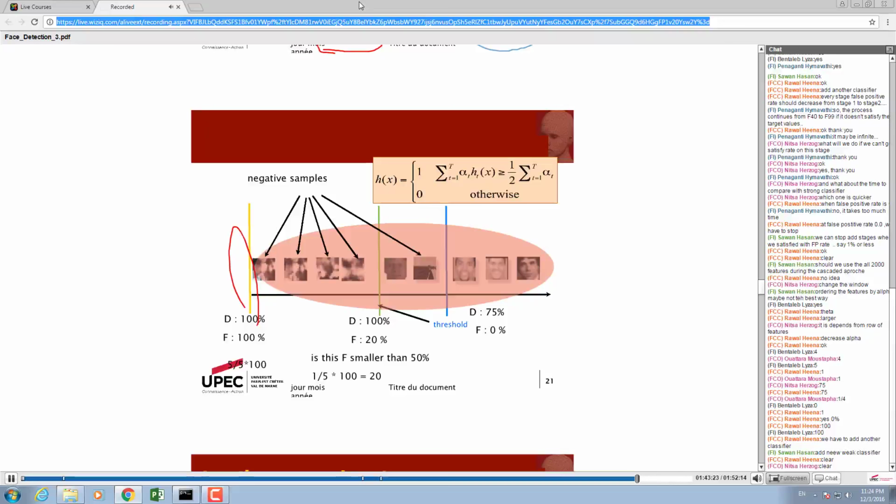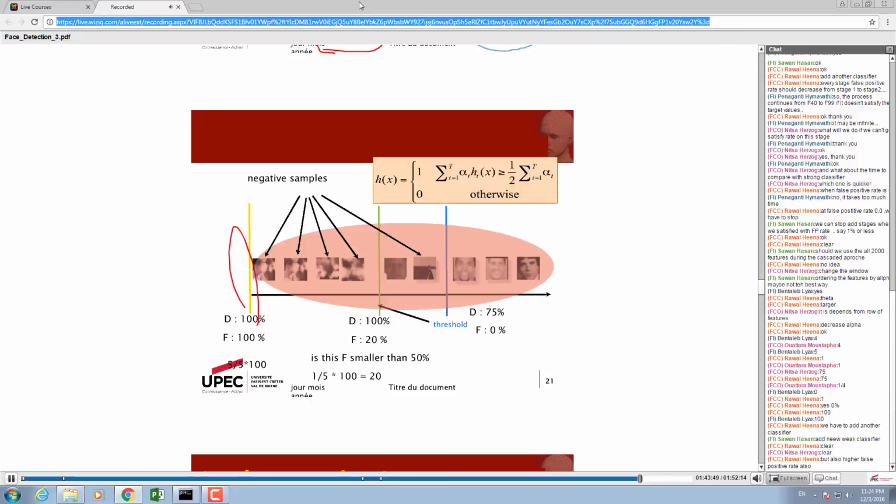In this way, by decreasing the threshold, we can achieve higher detection rates, true positive rates, from 70% to 80%, 90%, 100%. Even 100% is possible. What is the meaning of this? By the way, what is the meaning of this yellow threshold line?